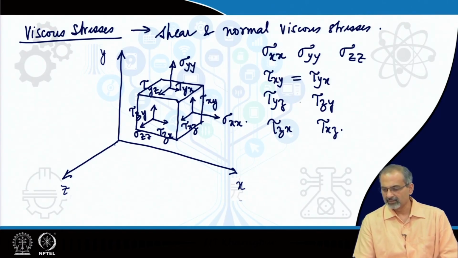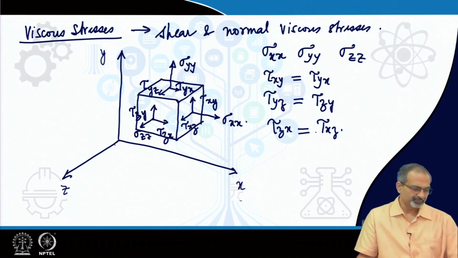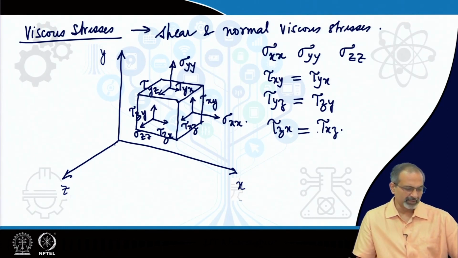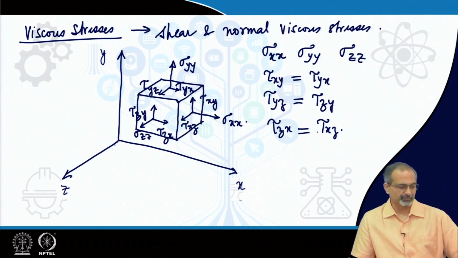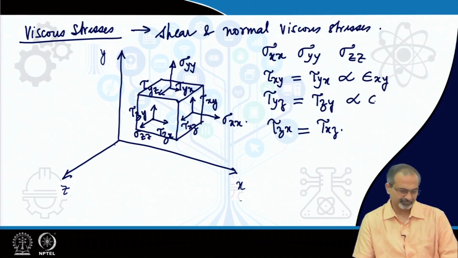Incidentally, these pairs are equal to each other, which are called complementary shear stresses, and they are equal in order to make sure that moments due to these shear stresses on the fluid element equate to 0. Incidentally, these shear stresses are proportional to the strain rates, which we discussed in an earlier lecture.